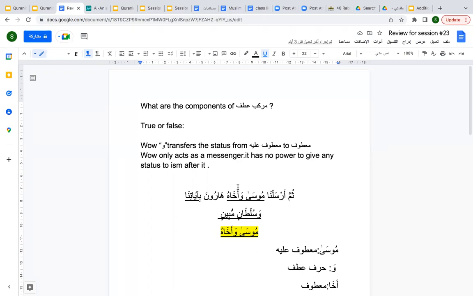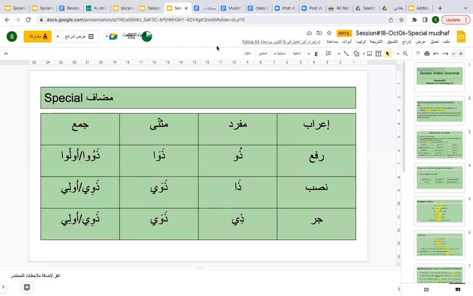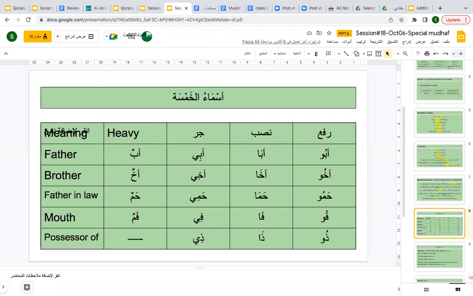But when these words, asmaul khamsa, come, they show their status by presence of a corresponding letter in addition to dhamma, fatha, kasra.